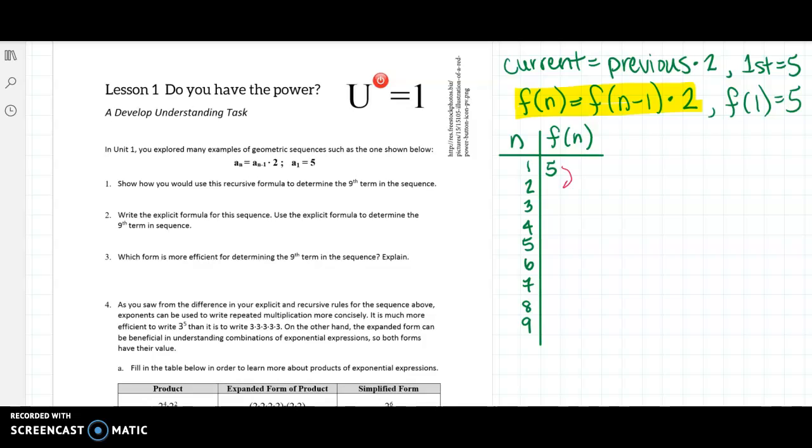So we'll take our first output, multiply by 2, and we'll get 10. Then multiply by 2 again, and we'll get 20.